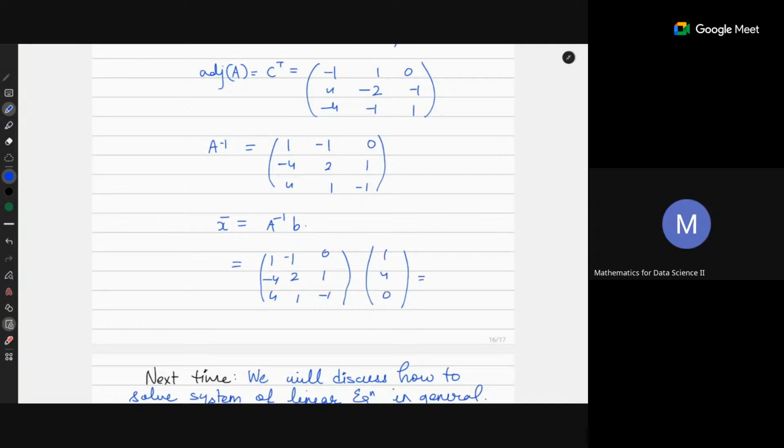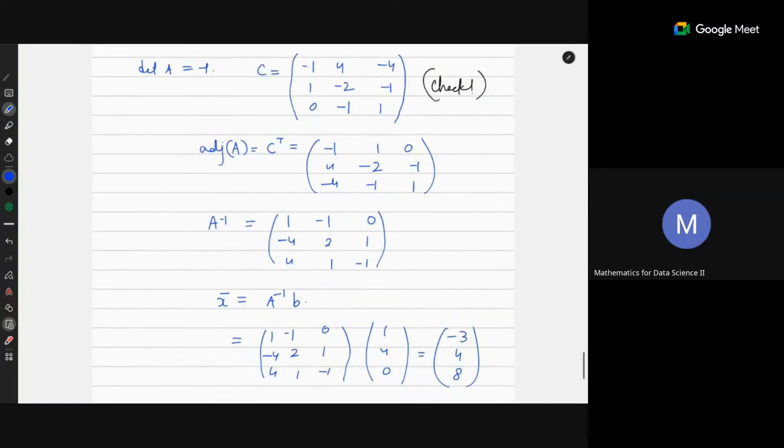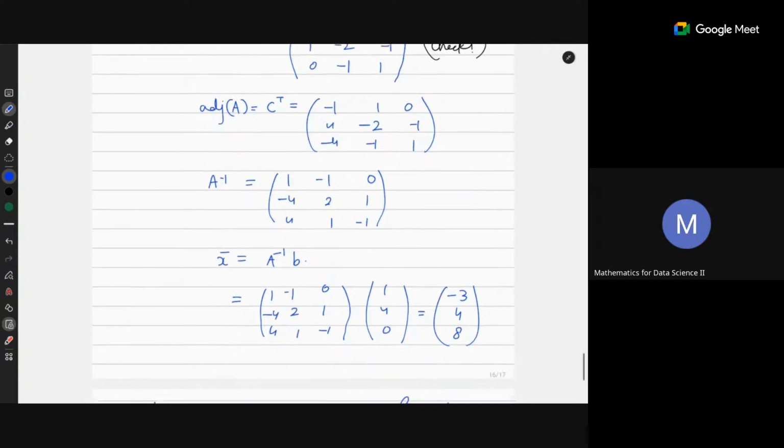It is 3 minus 3, minus 4, minus 4 plus 4, and then it is 4 plus 4. This is the solution that we obtained. Okay, we didn't solve them. Okay. So this is what the solution is.